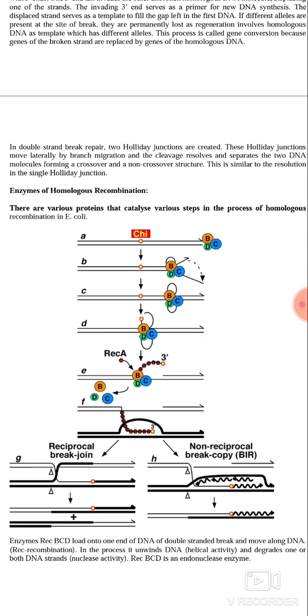The RecBCD enzyme shows endonuclease activity and acts as scissors, and forms a reciprocal break join in diagram G, and in H it shows non-reciprocal break, or BIR, copy of DNA.